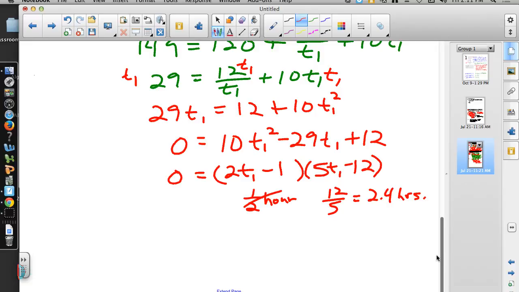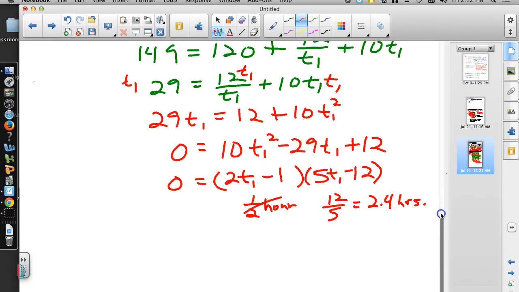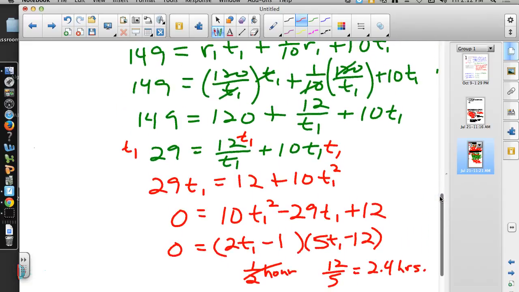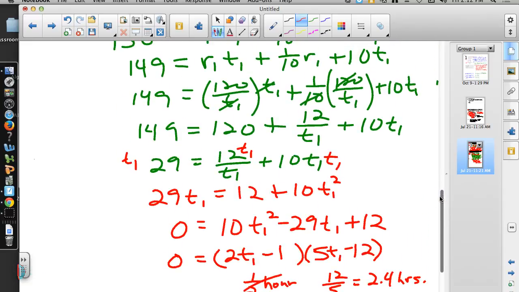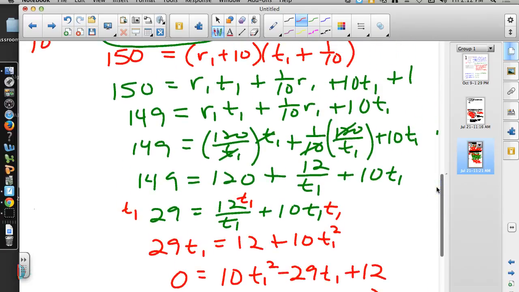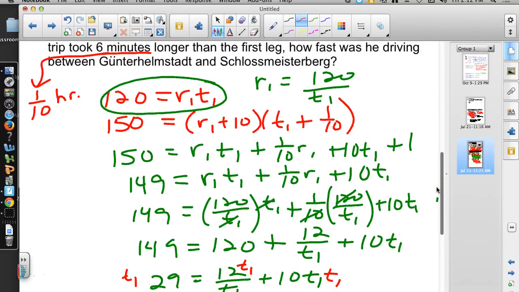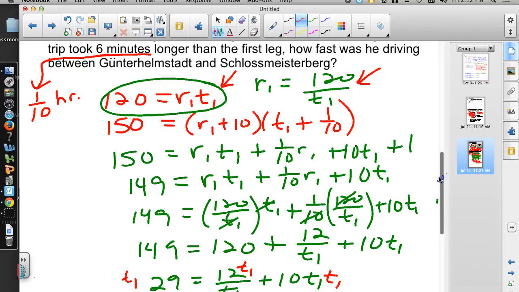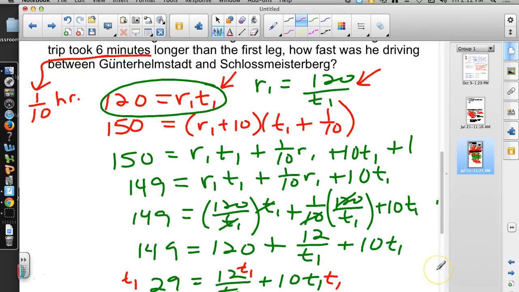The question was, how fast was he driving? So now if we know the time, we can go all the way back up here and we can figure out the rate. Because if we go back to this equation, which was a little bit nicer right here, we know that if we take our t sub 1 and plug it in, we can get this answer.